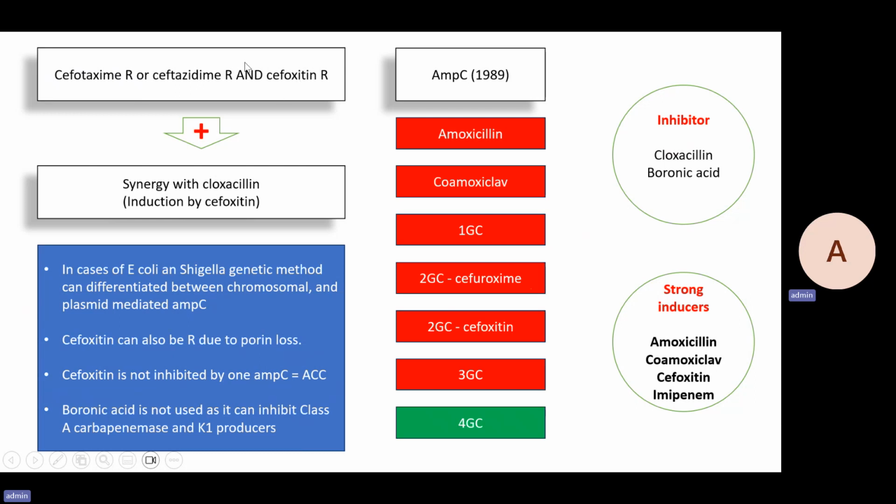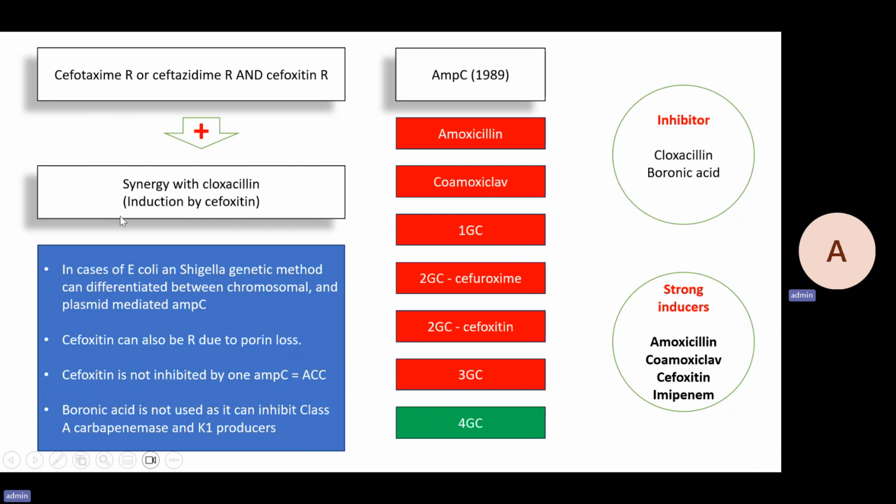If the screen is positive, then you go with synergy with cloxacillin. This is as per EUCAST. They do not mention this second bit, which is induction by cefoxitin, but this can be done to check for inducible AmpC, and I will explain it better.